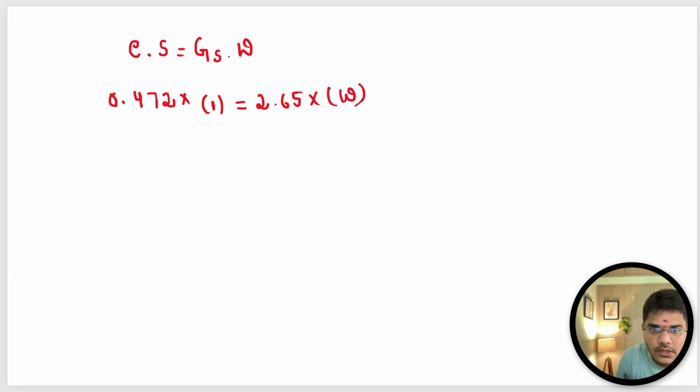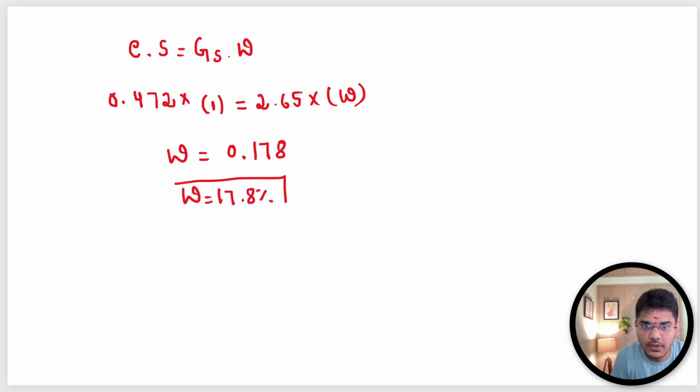So water content is only unknown for us. So 0.472 divided by 2.65 is coming around 0.178. So water content is equal to 17.8%. So this is as simple as that.